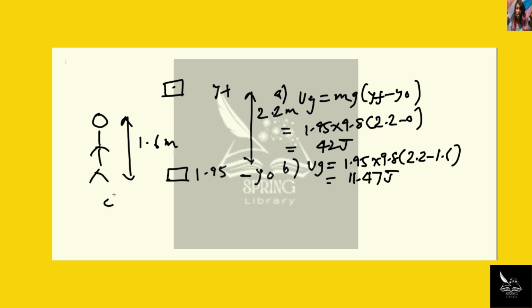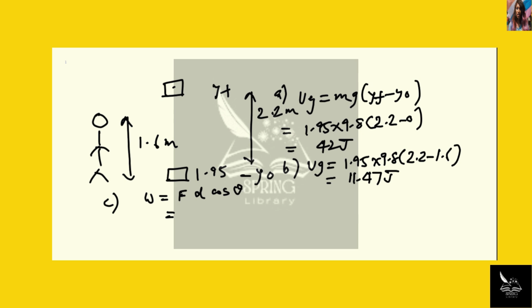Okay, and the C part, they're asking how the work done by the person is related to the answers in A and B. Now we know that the work done by the person is equal to F d cosine theta.